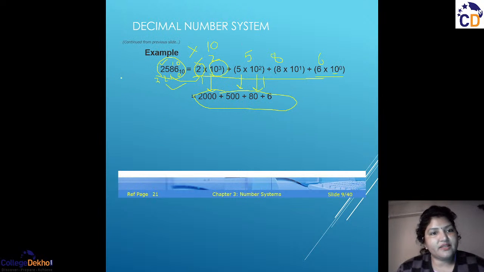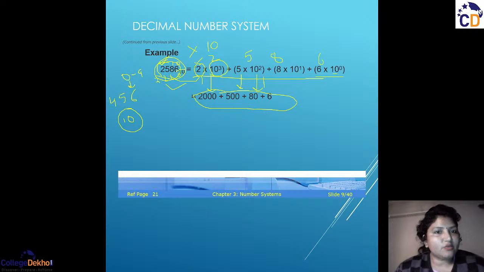Whereas in a decimal number like 4, 5, 6, each digit has the range 0 to 9, and that's why its base is 10. So make sure that by seeing the number you are able to identify the decimal number system.